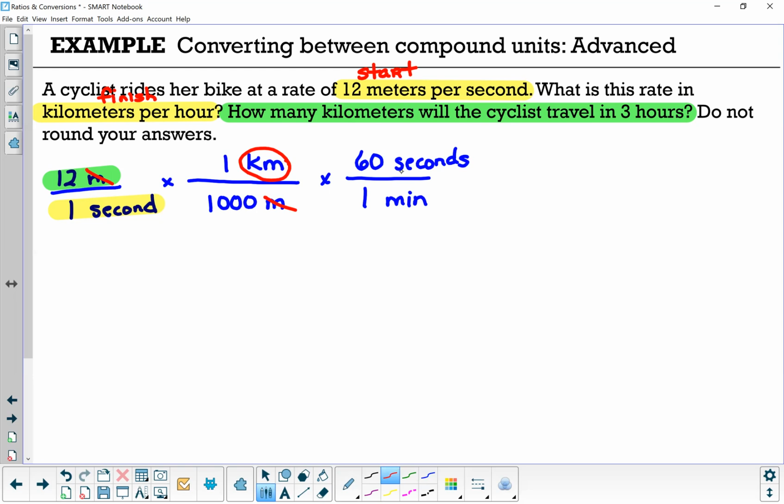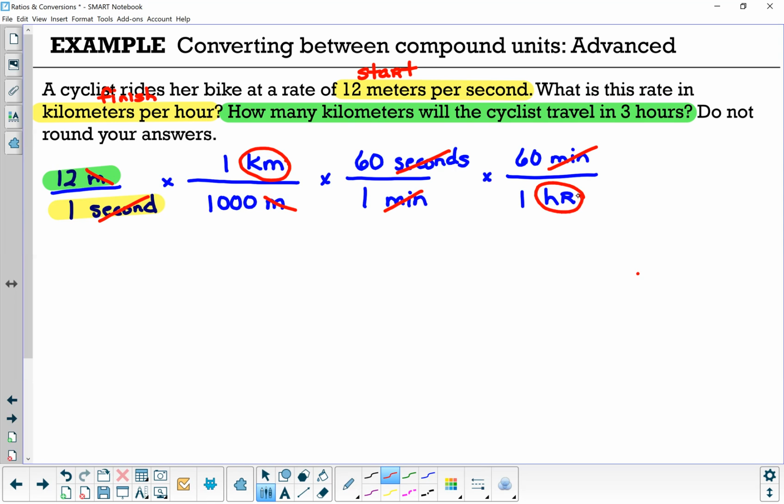Okay, so seconds divided by seconds. So seconds are eliminated. We have minutes. We got to do more because we need to get to hours. So multiply this. We have 60 minutes to 1 hour. So 60 minutes goes in our numerator. 1 hour goes in the denominator. Analyze your units. Minutes divided by minutes. So minutes is eliminated and we're left with hours.